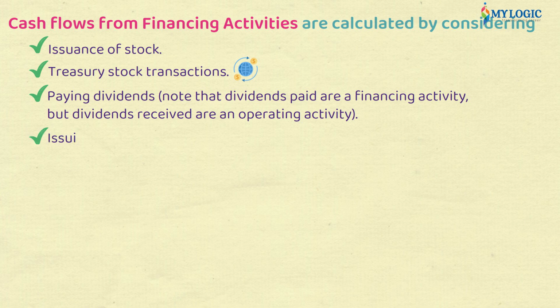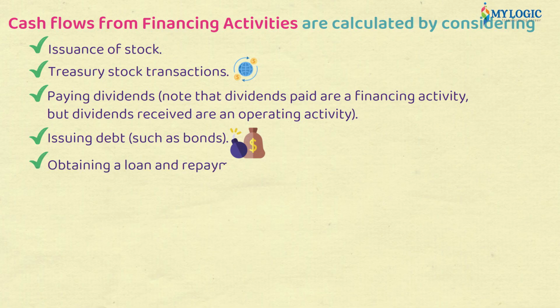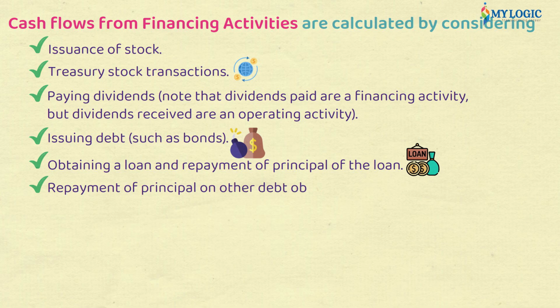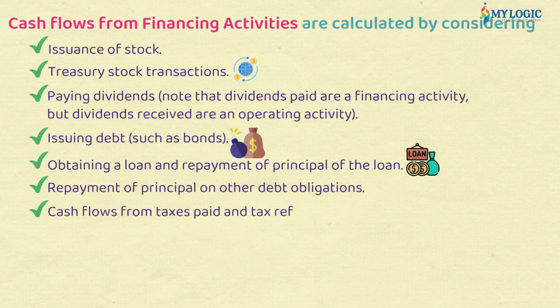Number 4. Issuing debt, such as bonds. Number 5. Obtaining a loan and repayment of principal of the loan. Number 6. Repayment of principal on other debt obligations. Number 7. Cash flows from taxes paid and tax refunds received are classified as operating activities.